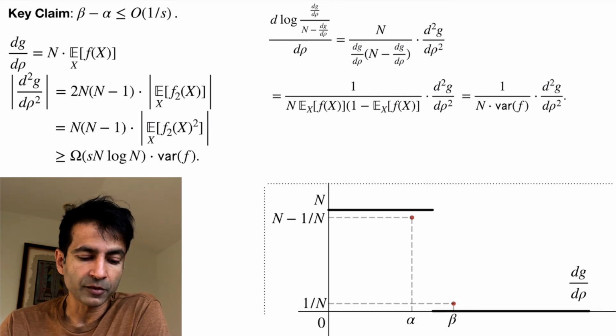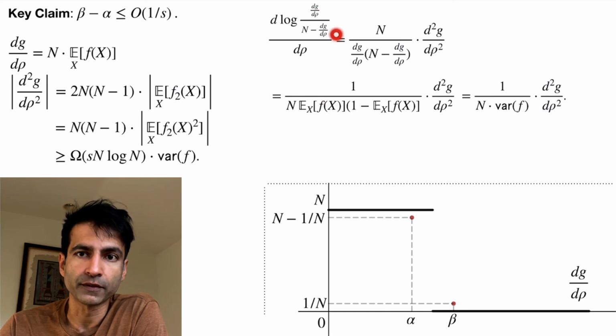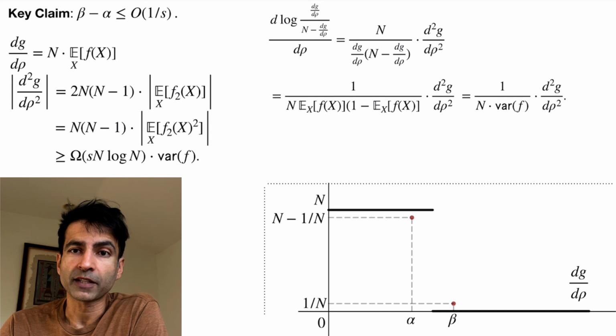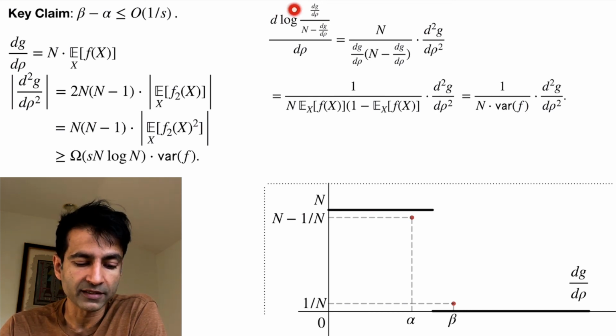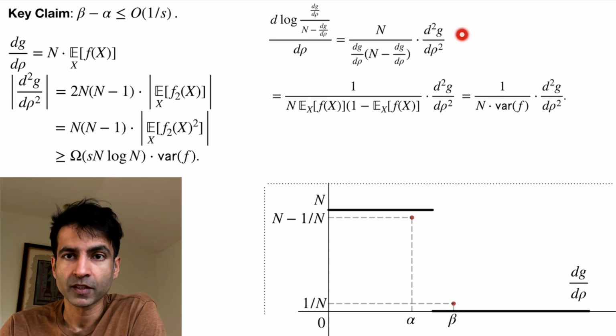So it turns out it'd be helpful to understand the derivative of this formula. So let's consider log of the derivative of g divided by n minus the derivative of g. If you do some calculus, I'll leave it to you to work it out and check for yourself. But what you get is that the derivative of this expression is n over the derivative of g times n minus the derivative of g, times the second derivative of g.